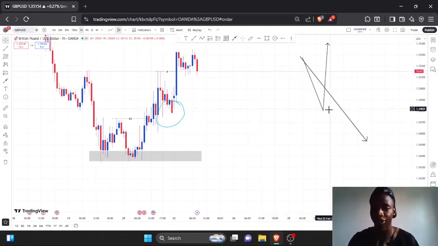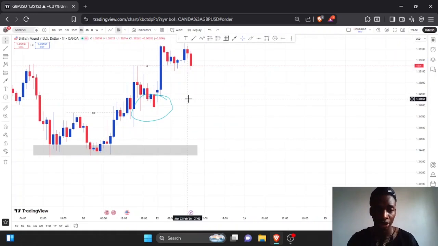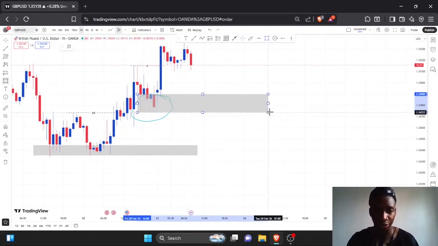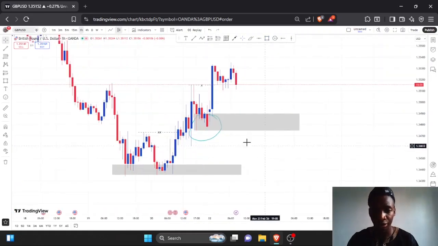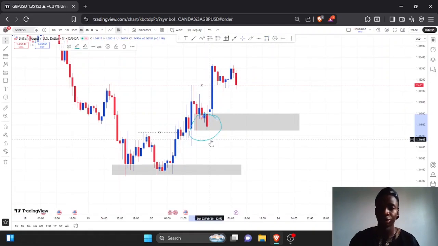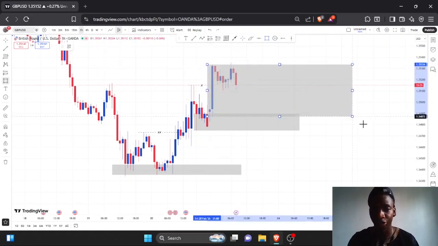Now that we understand the direction of the market, we're going to map out the protected low. As you can see, the protected low is around this point. So from this point, we are going to mark up from this point to this point.